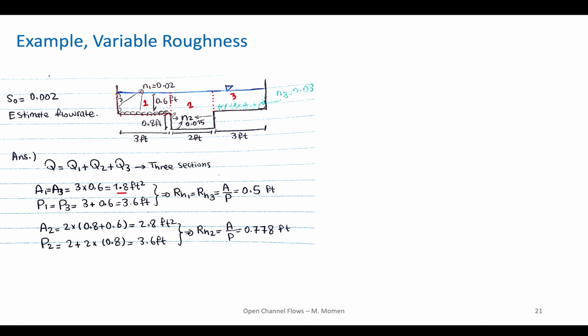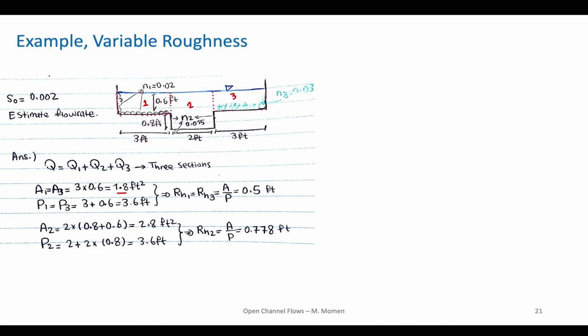So let's calculate this area and hydraulic radius for the second channel. So for 2, A2 is 2 times 0.8 plus 0.6, right? Because I had this big area. It's going to be 2.8 foot squared. P2 is going to be 2 plus 2 times 0.8, right?